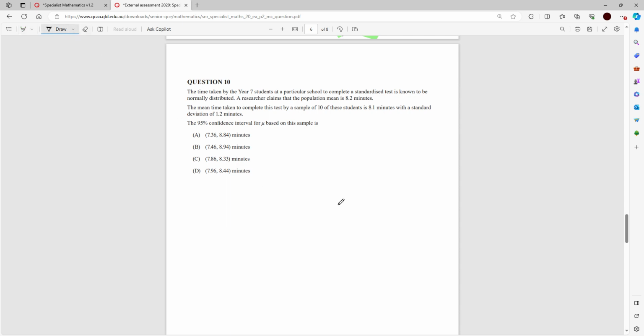So straight off the back I'm thinking samples, so n equals 10. The mean of the sample is 8.1 minutes, and standard deviation is 1.2. So the standard deviation of the sample is going to be 1.2 over the square root of 10, because that's your sample.